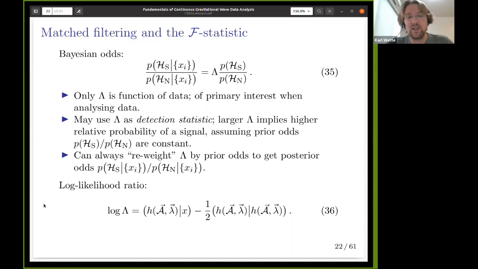Or we can take that lambda and multiply it by the prior odds, and then get a proper Bayesian posterior. So we can always pull on that Bayesian interpretation later if we want to. But for simplicity from here, we're going to work with the likelihood ratio directly. The form we're going to use more often is the log likelihood ratio, which is taking the logarithm, so it makes it a bit simpler to look at.